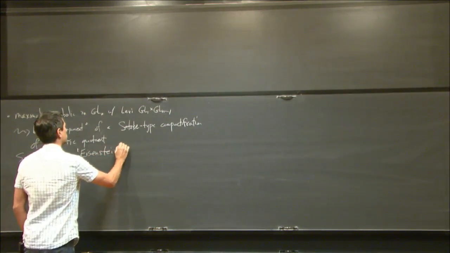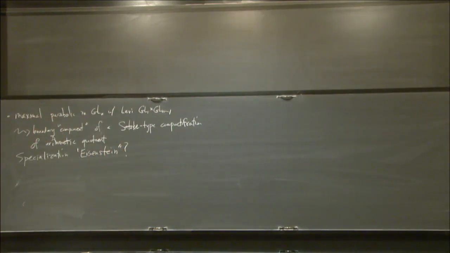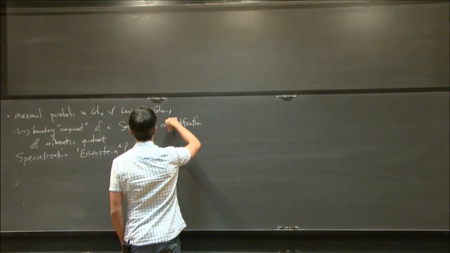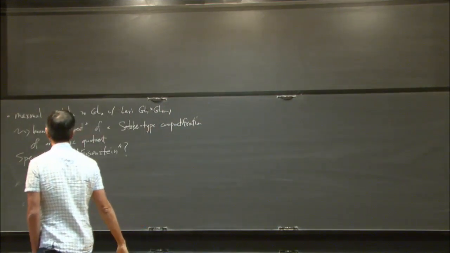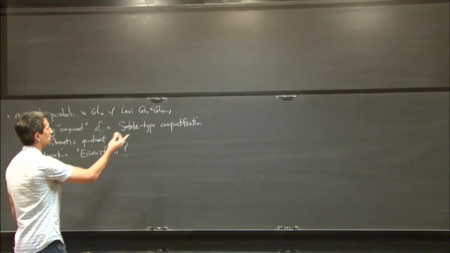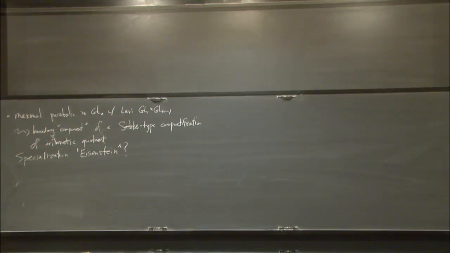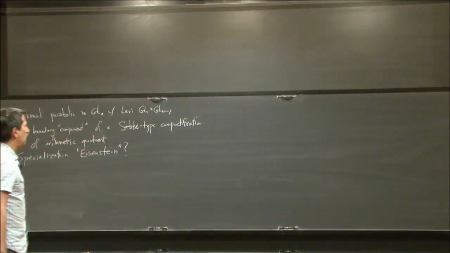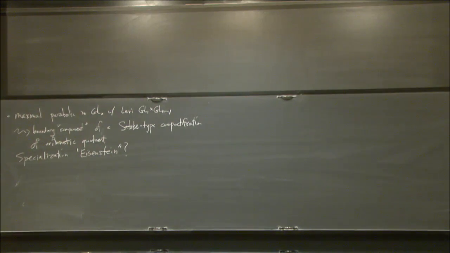If I had some GLN minus 1 representation, which gives me some cuspidal automorphic form for GLN minus 1, then you could form an Eisenstein ideal in GLN. Its coefficients somehow come from the product of the zeta function times the L function of this automorphic form, and that gives you an Eisenstein ideal. And you could ask whether the specialization is Eisenstein.